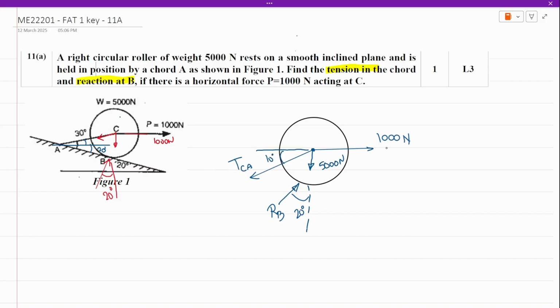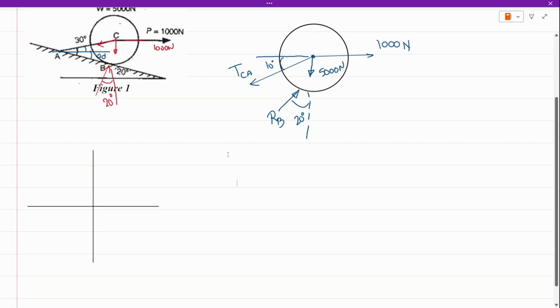So this is my free body diagram. Let us now concentrate on drawing our force diagram. With respect to these axes, the 1000 is acting horizontally, and 5000 is acting downward.